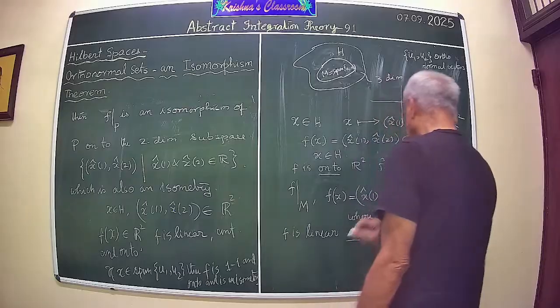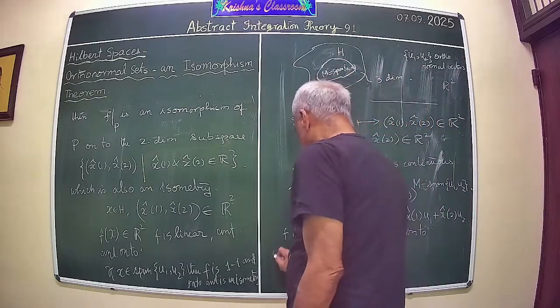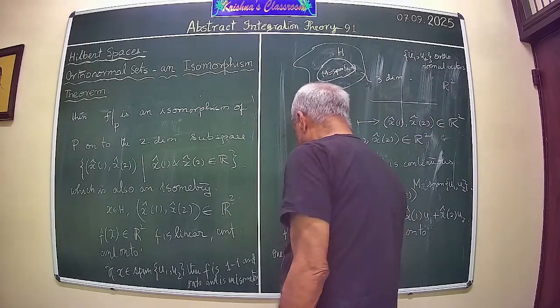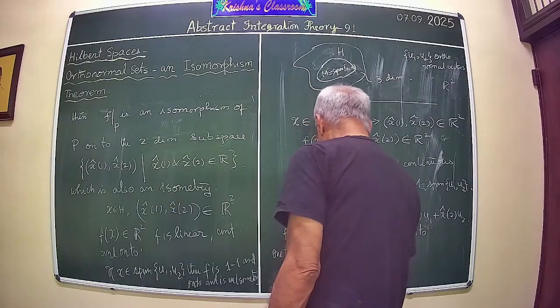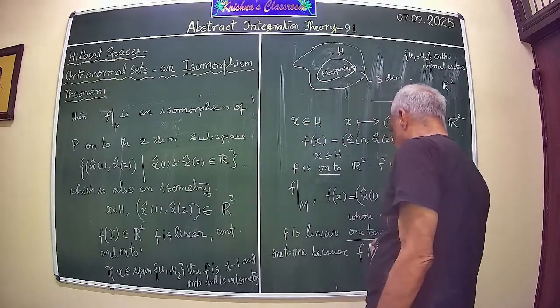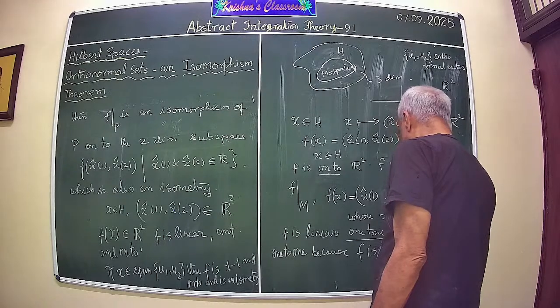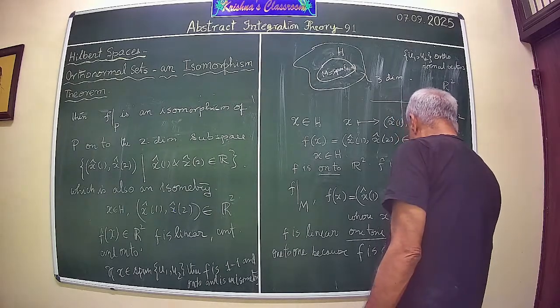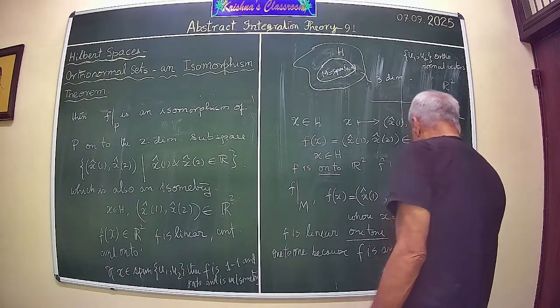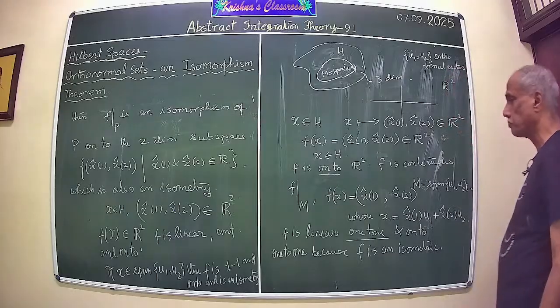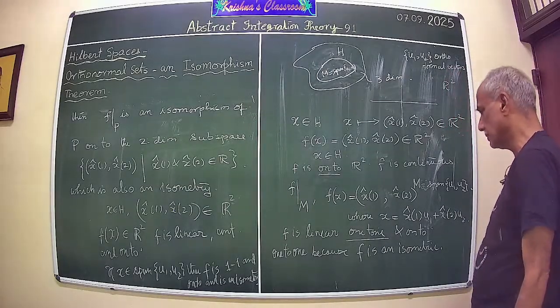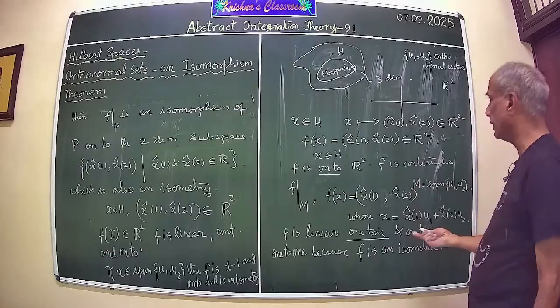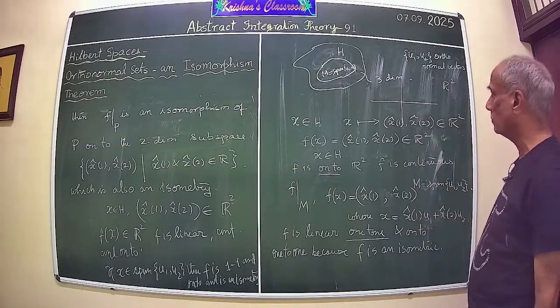This is one-to-one because F is an isometric. That means between two vectors in M, the distance is the same as the corresponding vectors in R2.